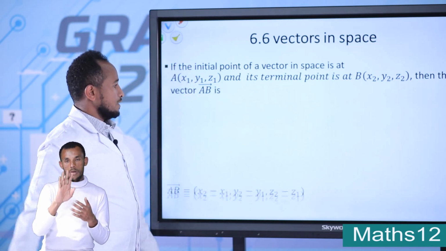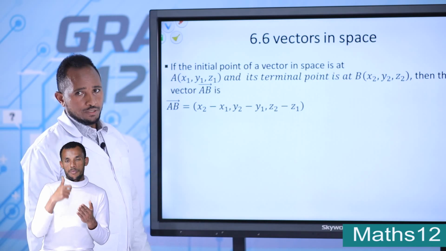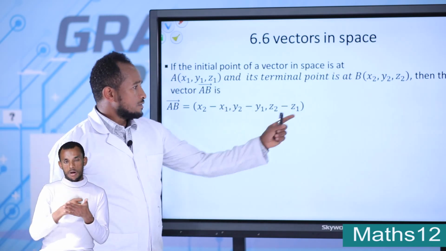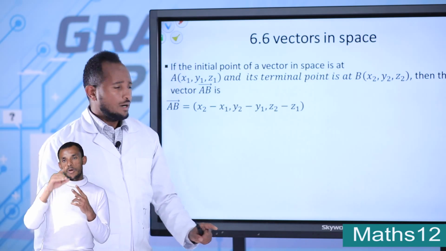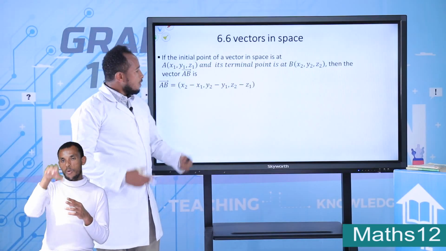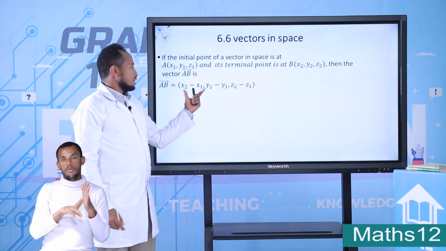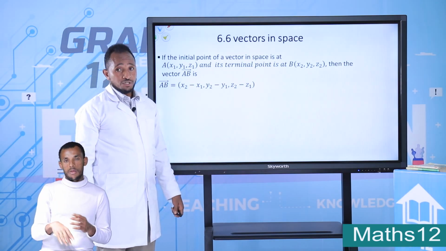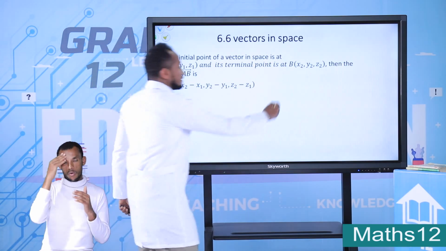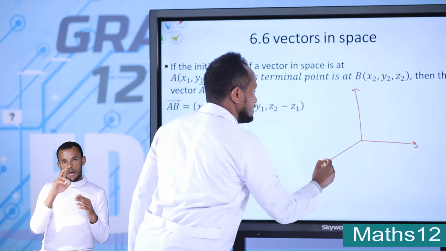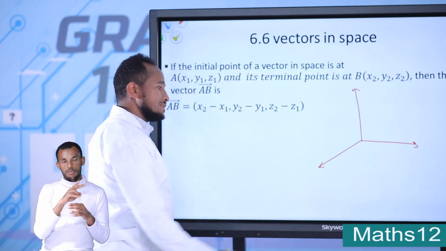So let's see this one here. AB is written in this form. By the way, most of the time we can write it in row vector or column vector form. You can even write it in column vector form, or you can use unit vector representation. I hope you know the unit vectors along the x-axis, y-axis, and z-axis.